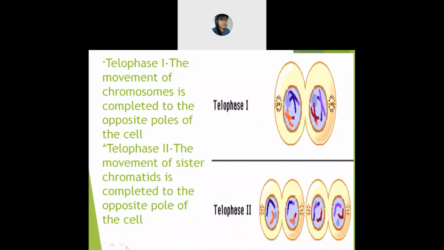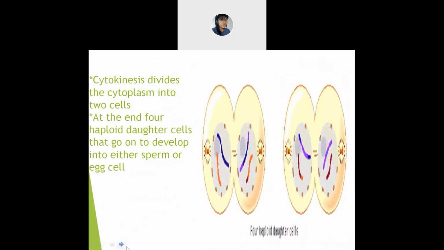Yes, ma'am. Okay. The last one is the cytokinesis. So in the cytokinesis, what happens here? It divides the cytoplasm, meaning it divides the cell into two cells. Is it clear?